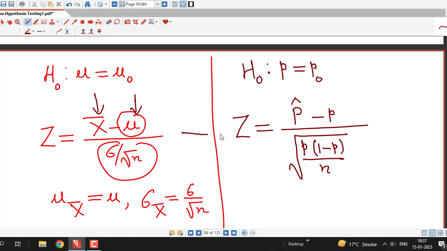So the only difference is in the formula of the test statistic, otherwise the remaining procedure is exactly the same as we have followed up to this lecture on hypothesis testing.